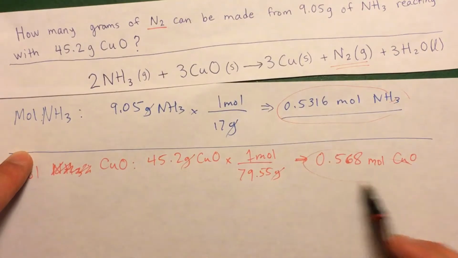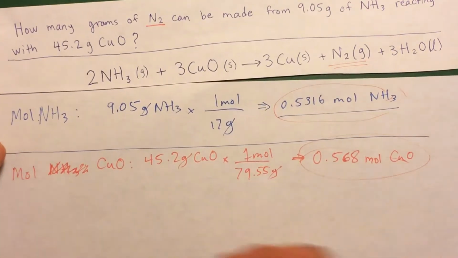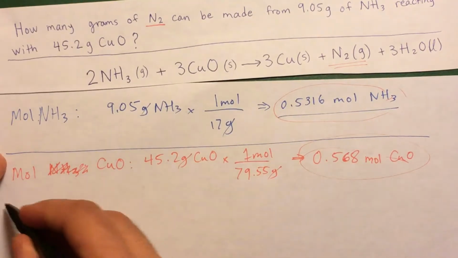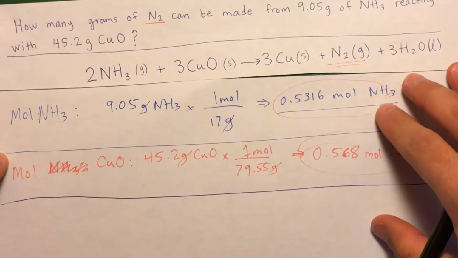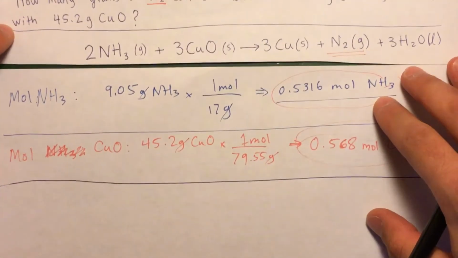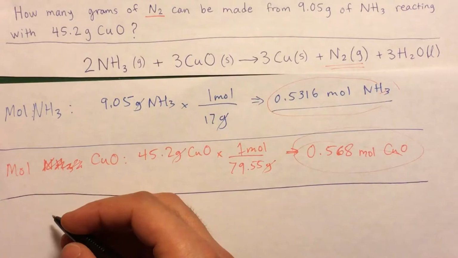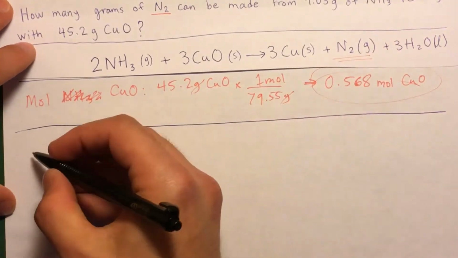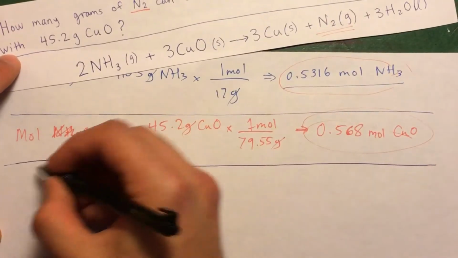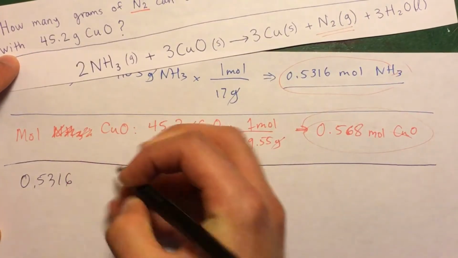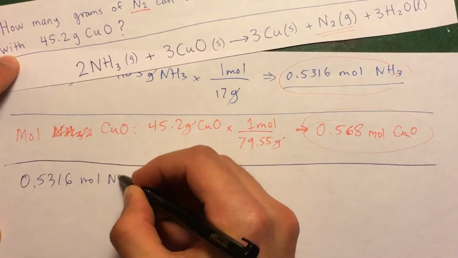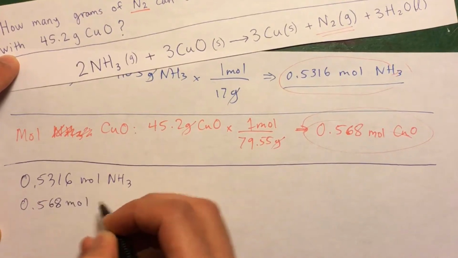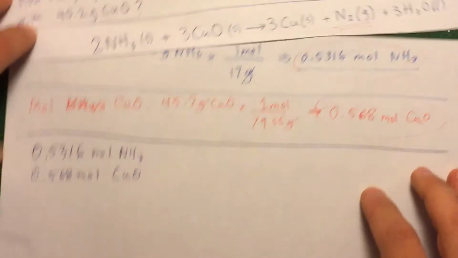So now we have these two mole amounts, and we could work with the stoichiometry problem. But first, you want to determine which one is the limiting reactant. And how do you find that out? We have 0.5316 moles of NH3, and we have 0.568 moles of copper oxide.